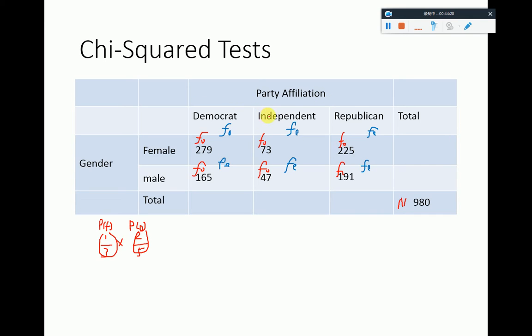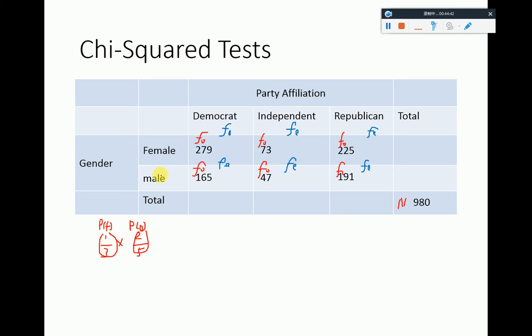So where are women in the sample, in the table? We have female Democrats, these are females. We also have female independents, these are females. We have female Republicans, these are females. Are there any more females?